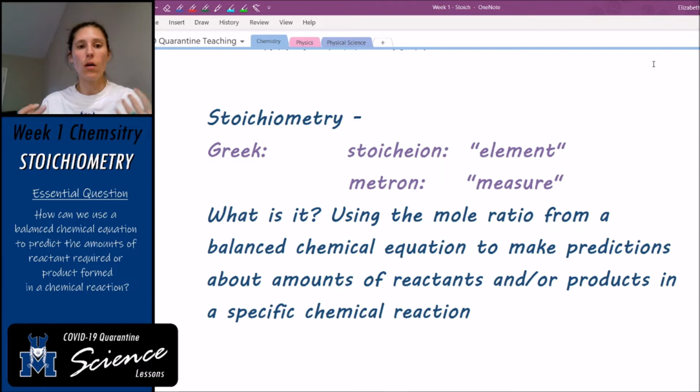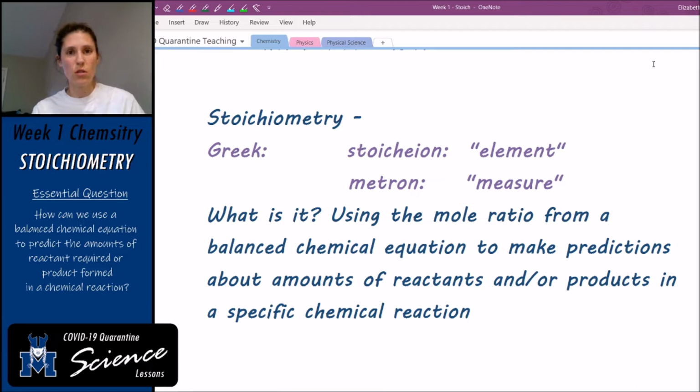So we're measuring elements, or it has to do with the amount of chemicals in the reaction. From the word we get some sort of meaning, but it's not a great explanation. What stoichiometry is, is using a balanced equation to make predictions about amounts of reactants or products in a specific chemical reaction.